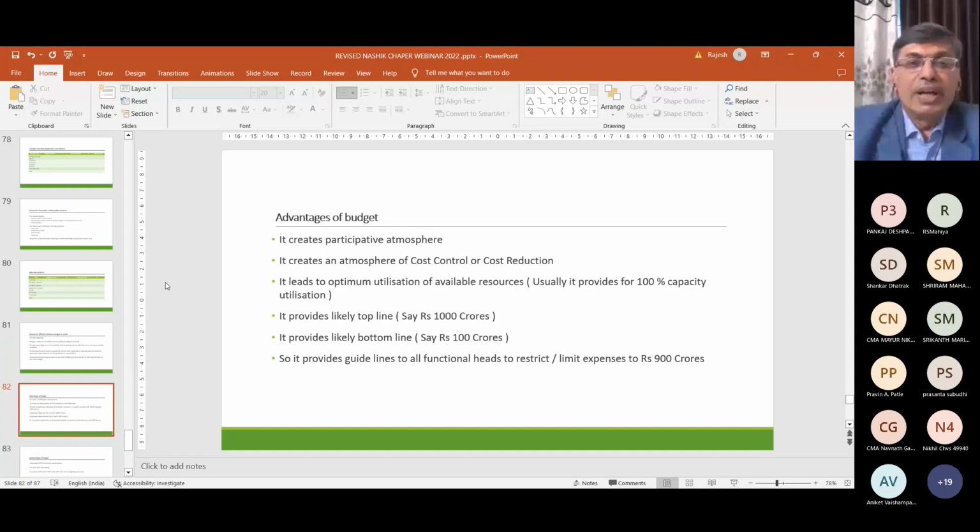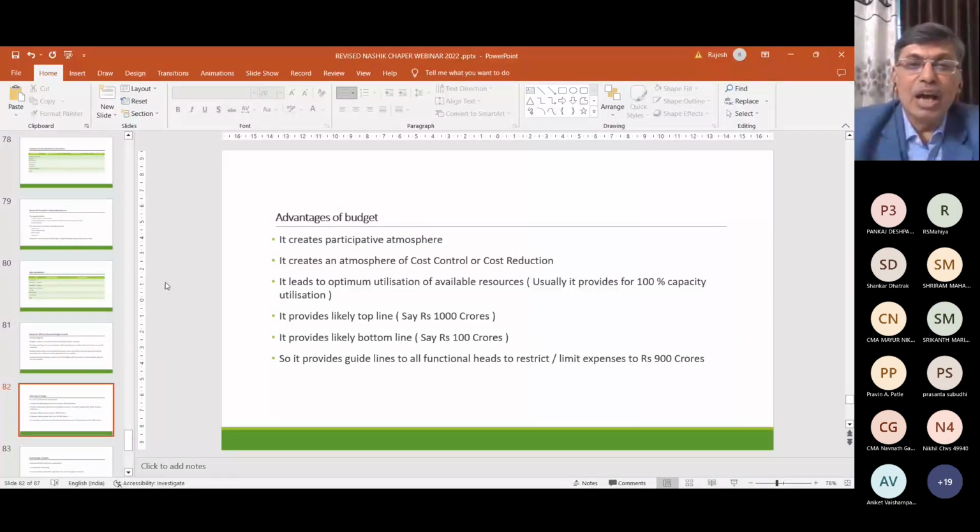Then we will come to what are the advantages of budget. First of all, it involves the entire supply chain management, right from sales, marketing, production, purchase, stores, warehouse, finance, or HR, or company secretary, the entire organization.